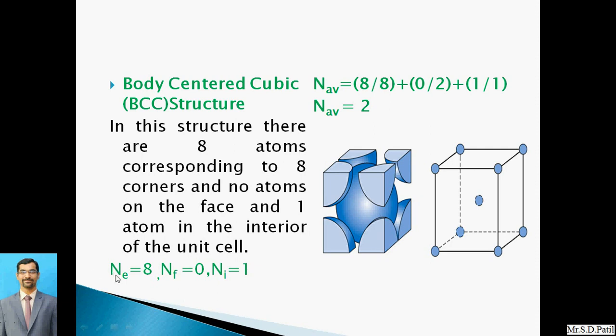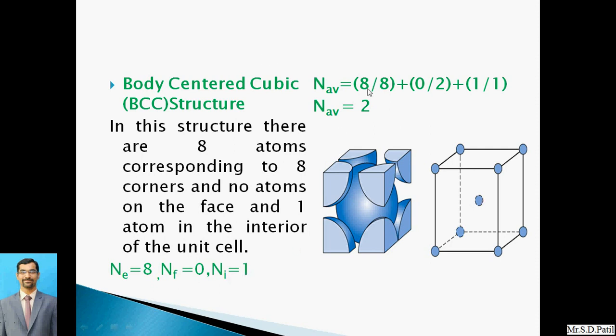So what are these terms? Nc is equal to 8, the corner atoms, so again 1, 2, 3, 4, 5, 6, 7 and 8. On the faces there is no atom, so Nf again remains 0. But at the interior in this structure, one atom is there, so Ni is equal to 1.